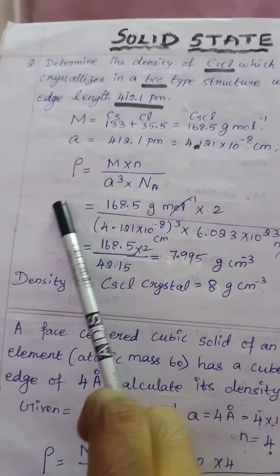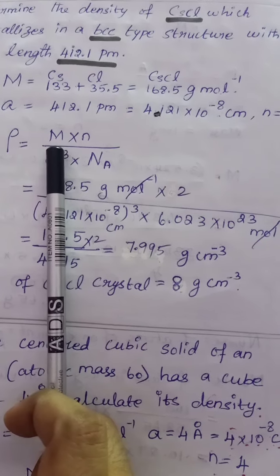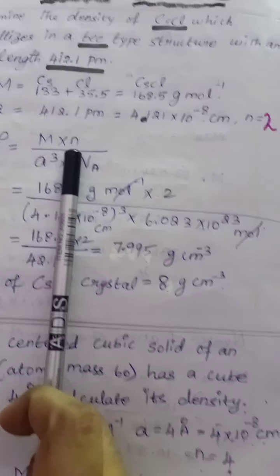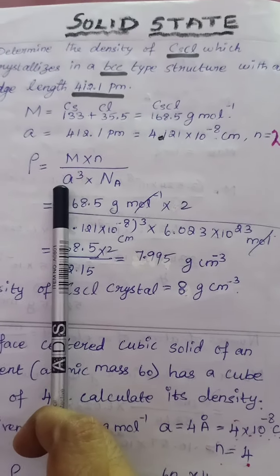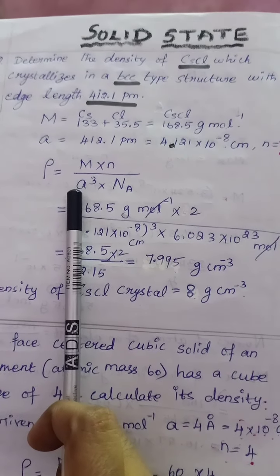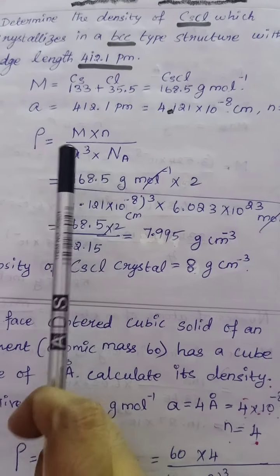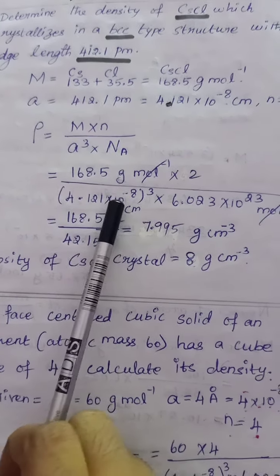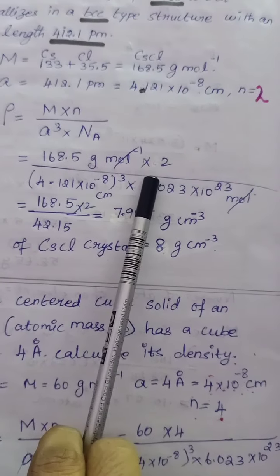Okay, see, the density formula is M, the atomic mass, into n, the number of atoms in the BCC unit cell, divided by a cube, that is edge length a cube, into Na, the Avogadro number. We substitute the values: M is 168.5 gram mole inverse, then n value is 2.